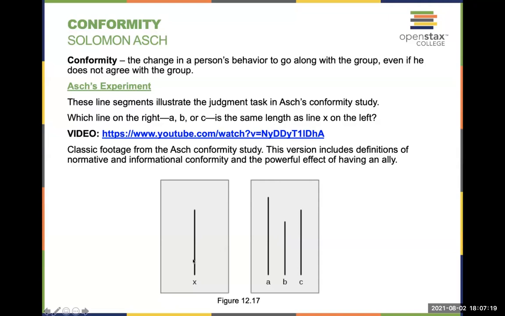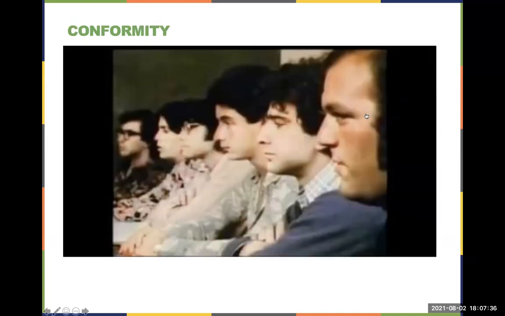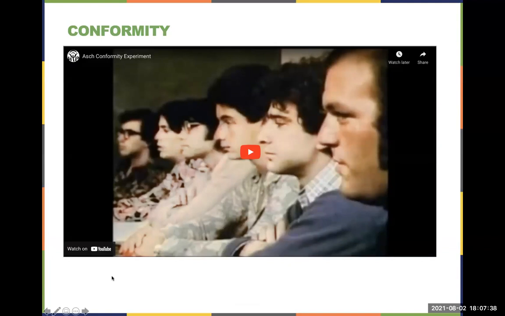And that leaves the subject of the experiment a little perplexed, and they experience the peer pressure of conformity. But I couldn't set that up for tonight. So we're going to do the video here.